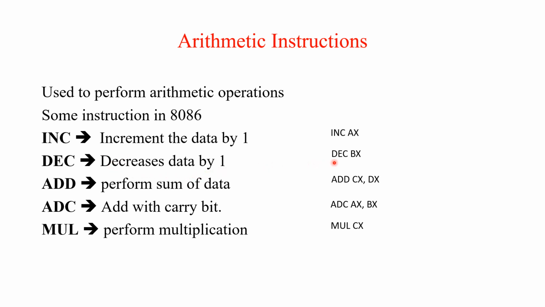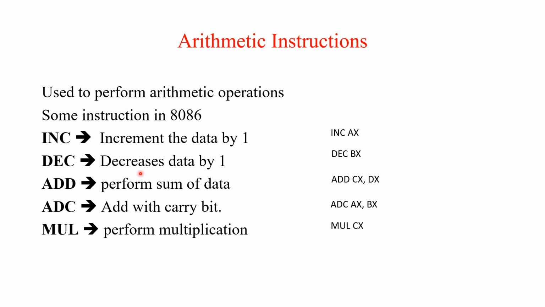For example, DEC BX decreases the value in register BX by 1. Add. The ADD instruction performs the addition of two values. For example, ADD CX, DX adds the value in register DX to the value in register CX.